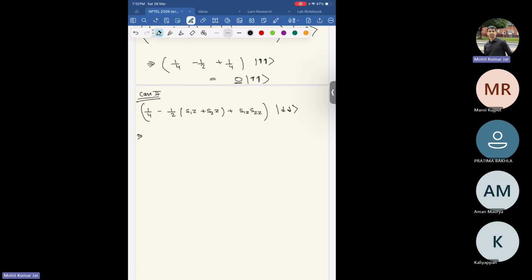So 1/4 times this will be 1/4 minus 1/2. S1z operating on this one will give you minus half. S2z operating will give you minus half. S1z S2z will give you minus half times minus half.